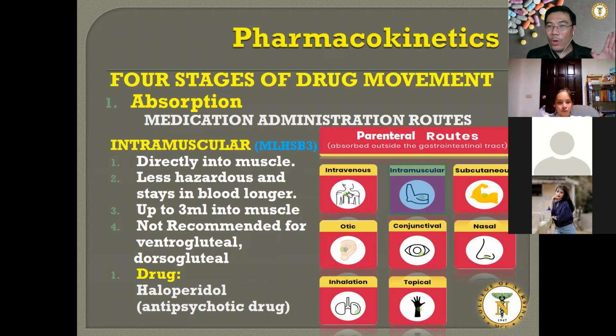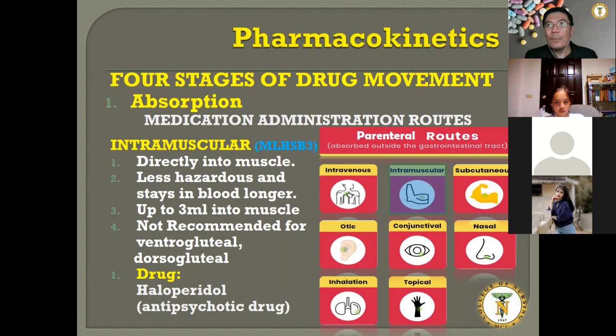If it is 5 ml already, 4 ml already, please be careful in administering the drug, because if it is more than 3 ml, it may cause irritation of the muscle, or possibly this irritation may lead to inflammation and soon may cause muscular damage. So that's why it's only up to 3 ml. So M is muscle, LH less hazardous, SB stays in the blood, and up to 3 ml.